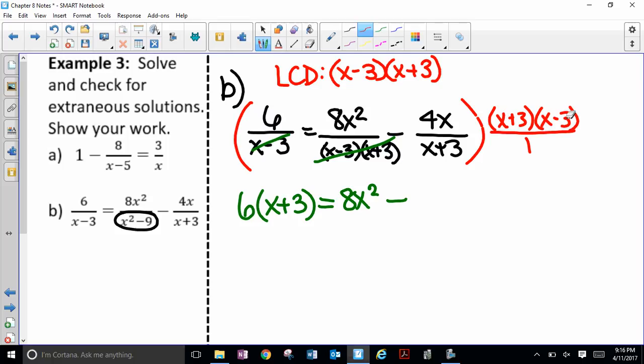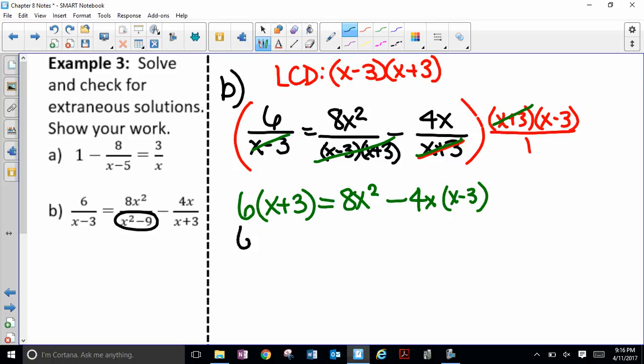And this time, diagonally, the x plus 3 goes away with x plus 3. So then you're left with negative 4x, so minus 4x, times this x minus 3. So we did a good job picking our LCD because all of the denominators of the fractions are gone, so now it's an easier problem.